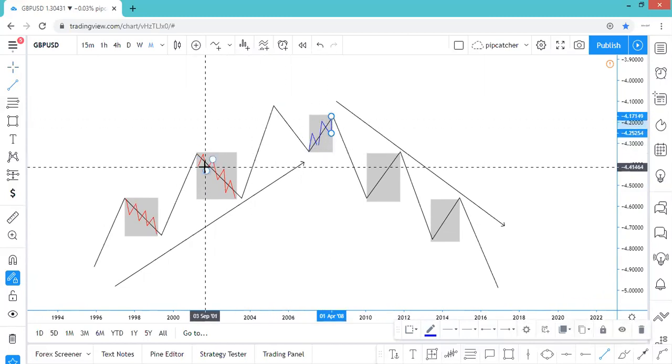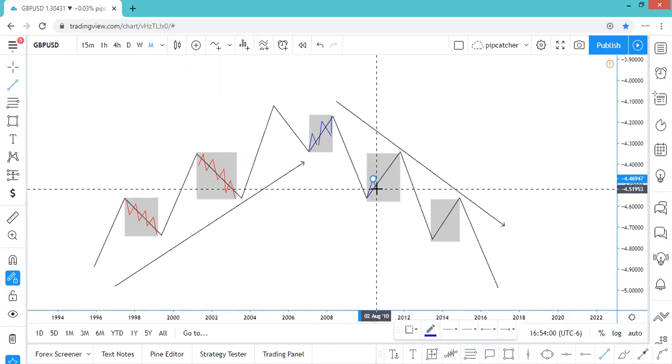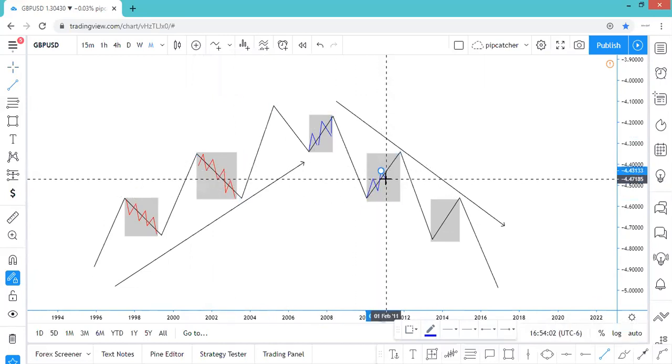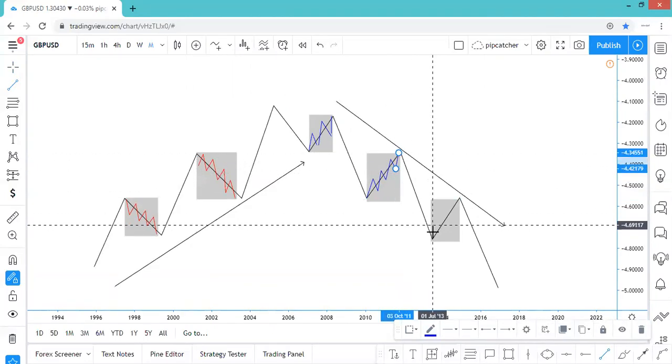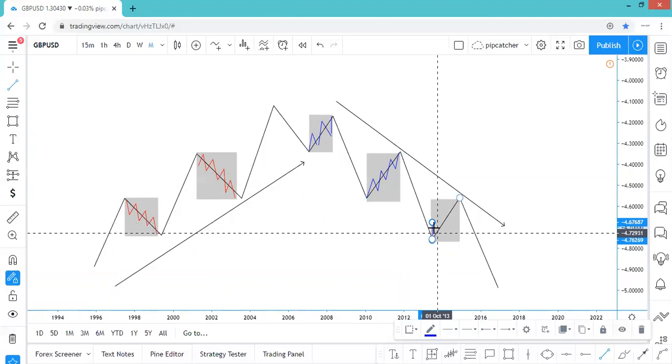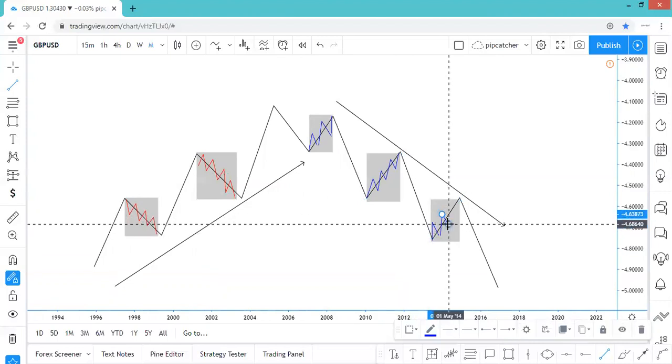So they get caught up in these retracements in the higher time frame trend, or higher time frame bias, and so on. So let me finish. You know what I'm saying?